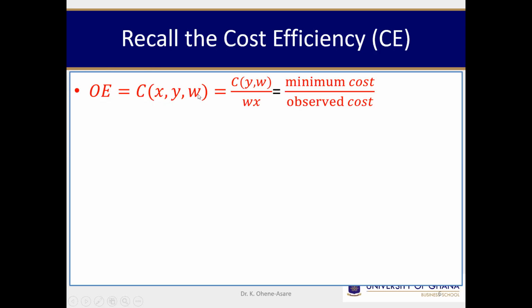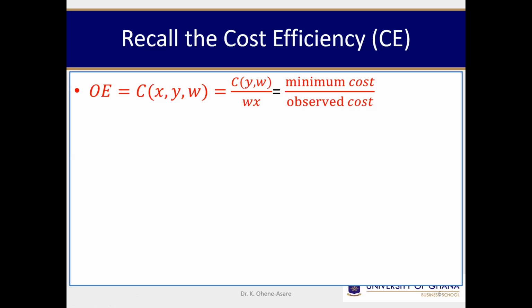That is why you have the X, the W, and then the Y. The two things in the bracket are given, so the minimum cost given the output and the input price is the minimum cost. This is divided by the actual cost, which is the price of the input times the actual input.